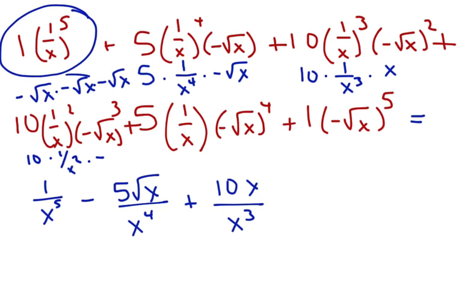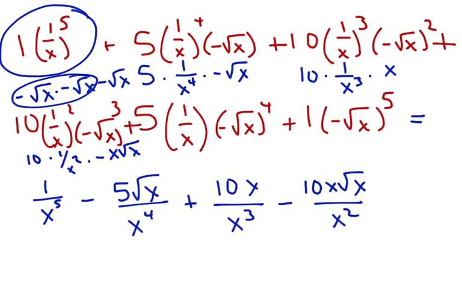When you do this, these two multiply together to give you x, so it's going to be times negative x square root of x. So it's going to be negative 10x square root of x over x squared.